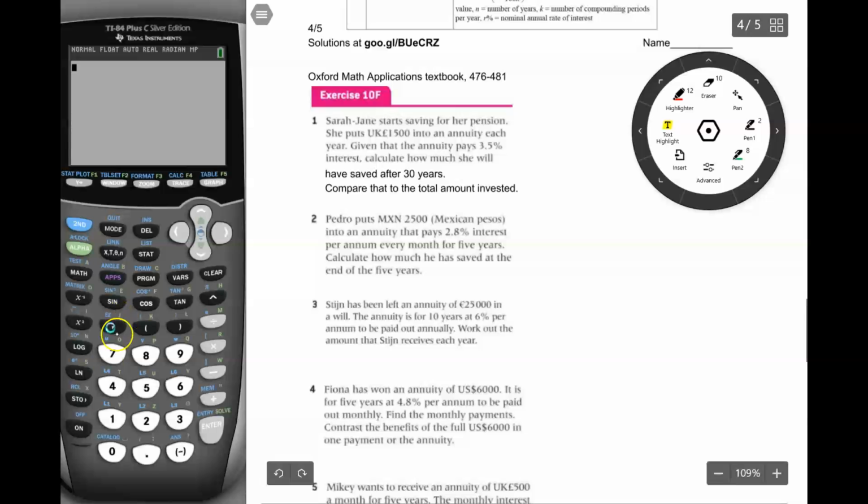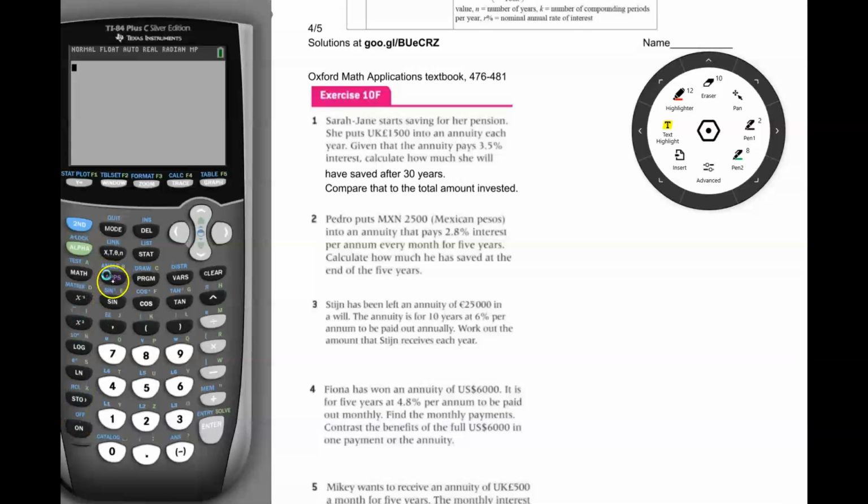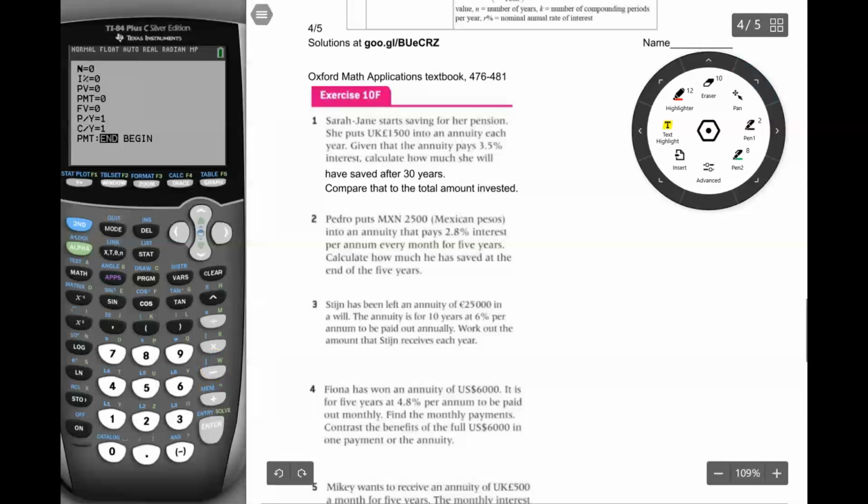Okay, so as with all annuity problems, you'll be using the Finance TVM Solver app. Let's identify some of the elements that we're going to use in the problem here.